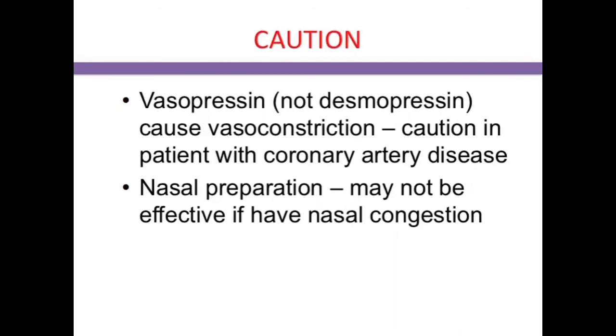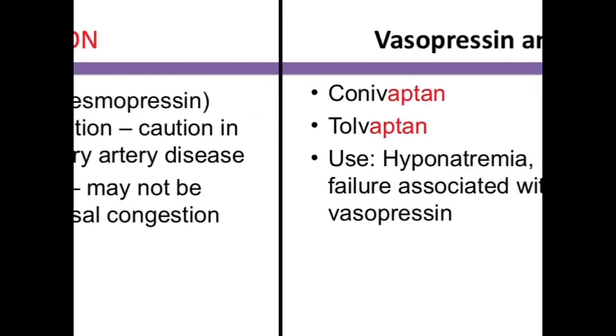Okay, vasopressin, not desmopressin, causes vasoconstriction. So it has to be used with caution in patients who have coronary artery disease. And the nasal preparation of vasopressin or desmopressin can have less effective results if you have nasal congestion.